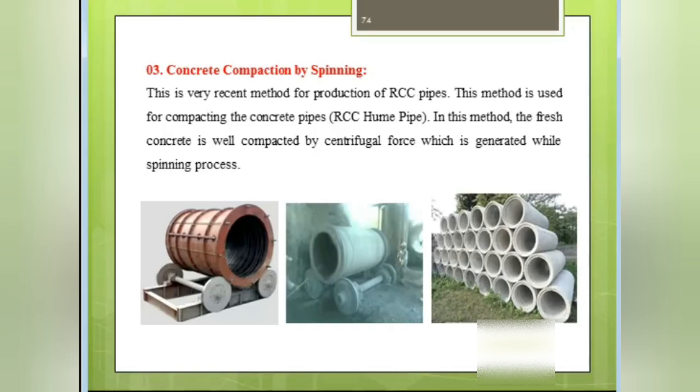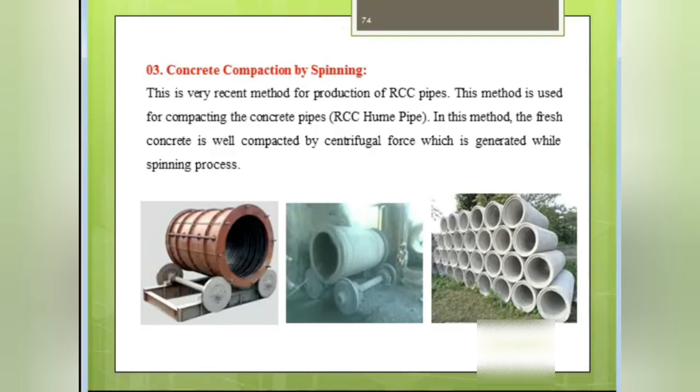Then hume pipe construction. A hume pipe is also prepared from concrete. It is generally used for drainage or water supply purposes. This hume pipe is constructed by spinning. One formwork is there, into which we place some reinforcement and concrete.